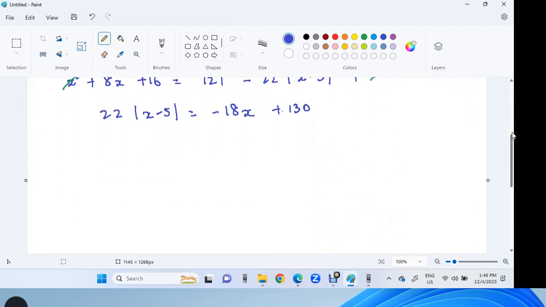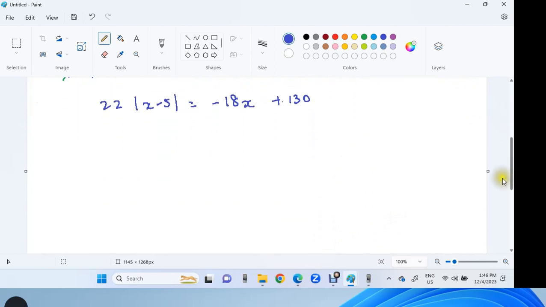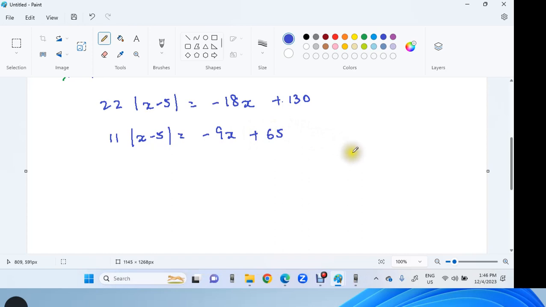So next, I can actually simplify it. So 11 modulus x minus 5 equal to negative 9x plus 65. Then we square both sides again.